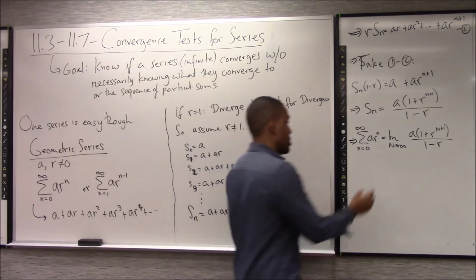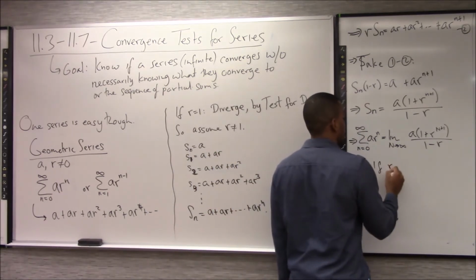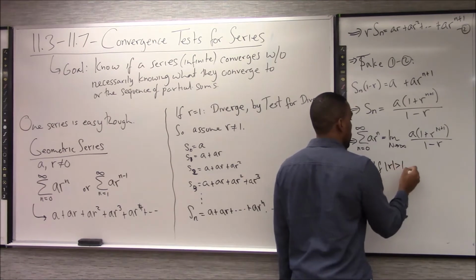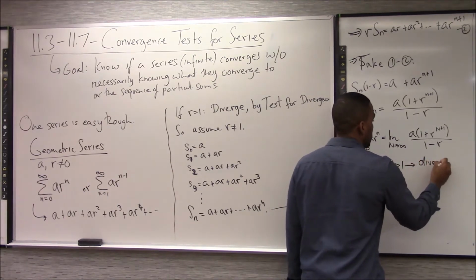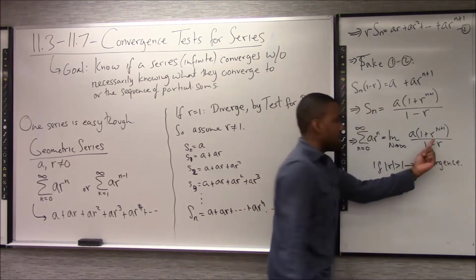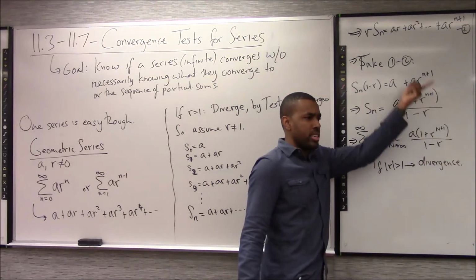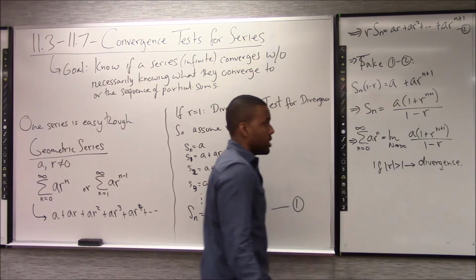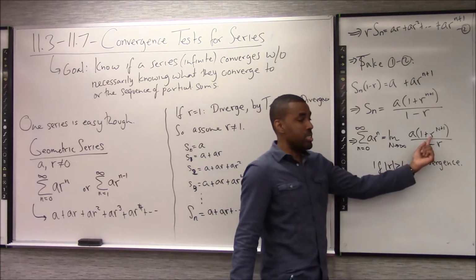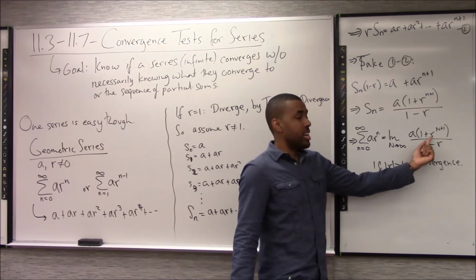And notice here, if your r is greater than 1, then we have divergence. Right? Because I'm taking a number that's bigger than 1 and I keep raising it to powers. It becomes an exponential function. And that's going to go off to infinity. However, if your r is less than 1, then you're actually getting smaller and smaller.